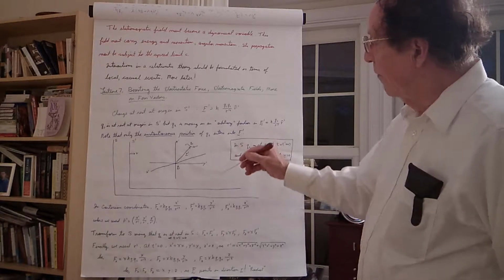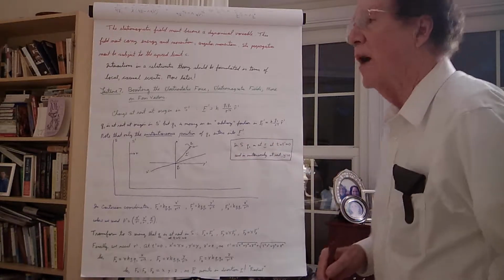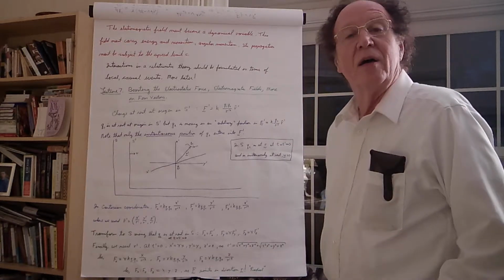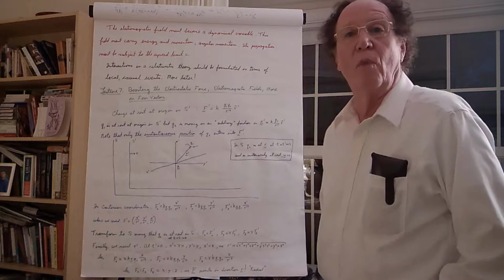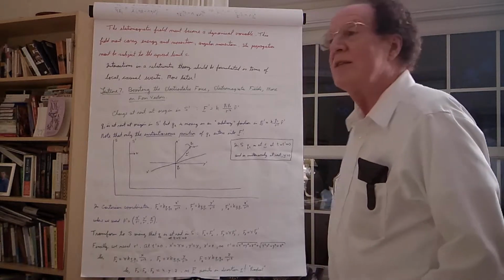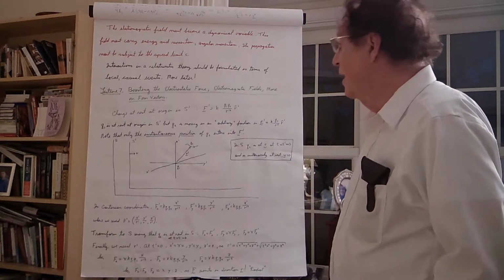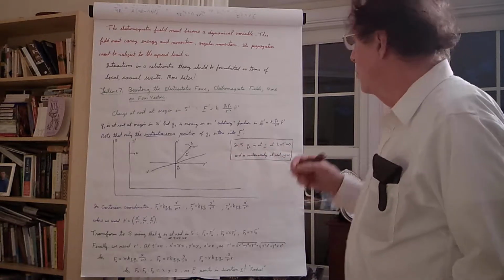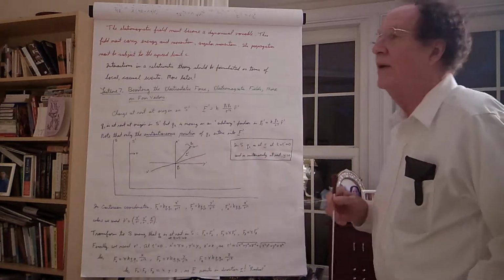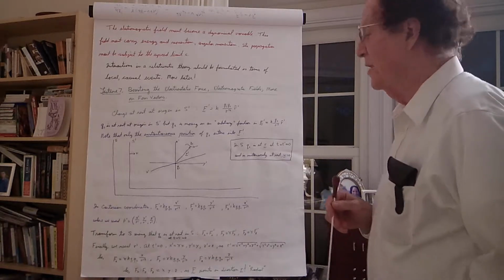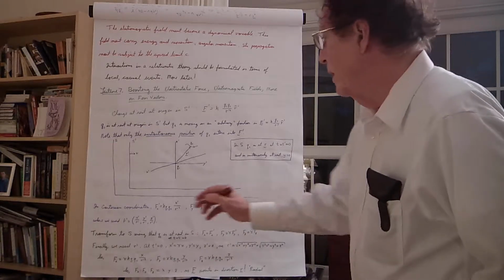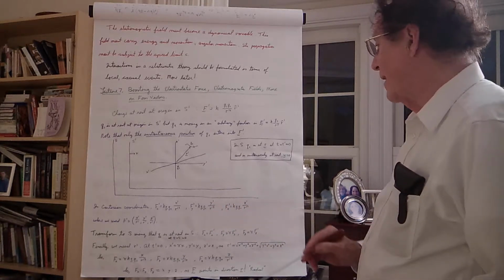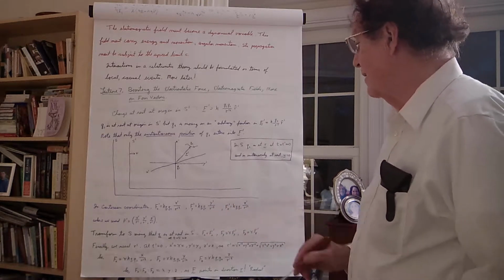Now if I have a force in the frame S prime, I know how to get the force in the frame S. We know how to transform forces from one frame to the other. This is a particularly simple example because the charge Q2 is not moving in the frame S at the time t equals 0. So I transform to S using the fact that Q2 is at rest in the frame S at that time.